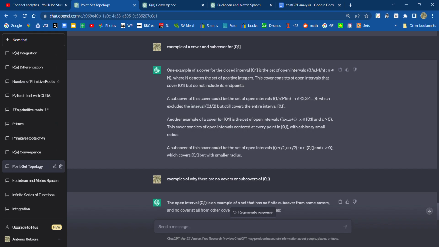And it sets up the 1 over n to 1 minus 1 over n open interval. And they cover 0 to 1, but don't include the endpoints. Yeah, and then a subcover of that could be the one that goes from 0 to 1/2.